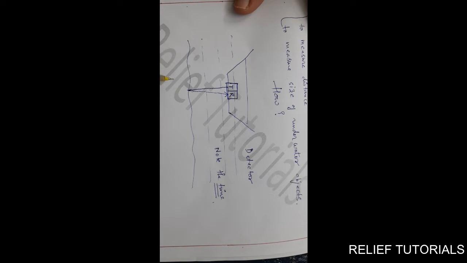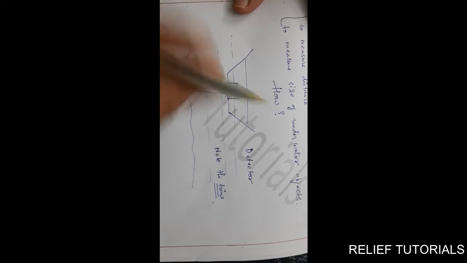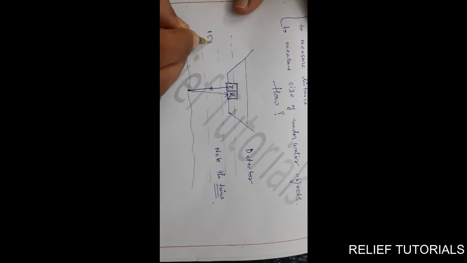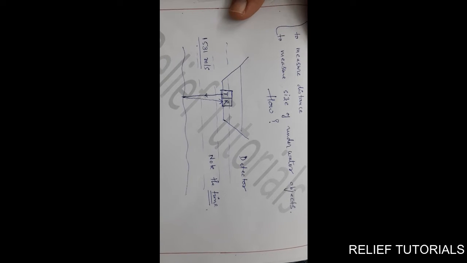Okay, for example, here is one of the ships. Transmitter has transmitted some ultrasonic sound waves. Note that the speed of sound in sea water is 1531 meter per second. This is the speed of sound waves in water medium.